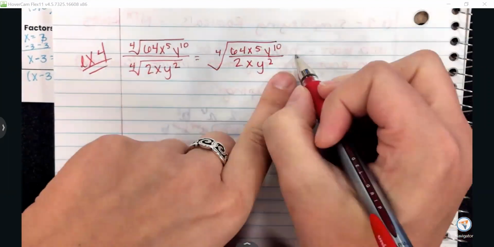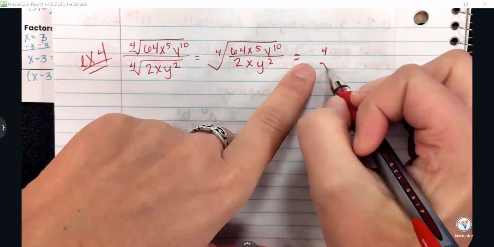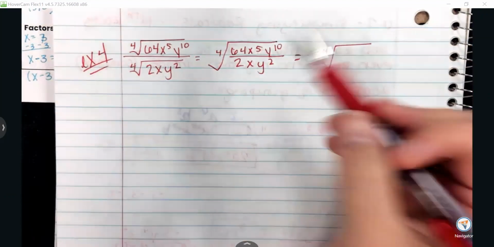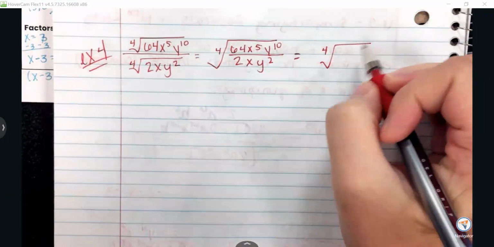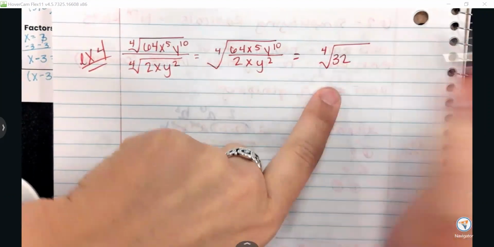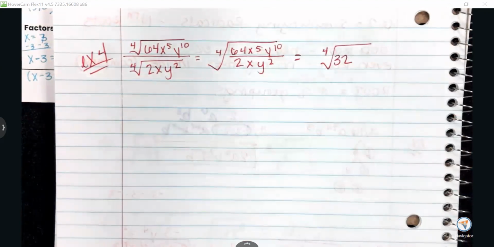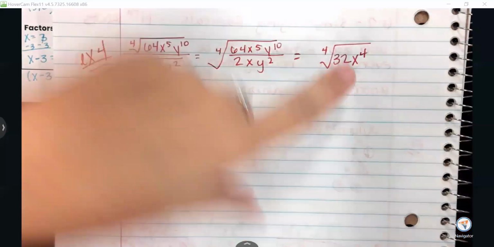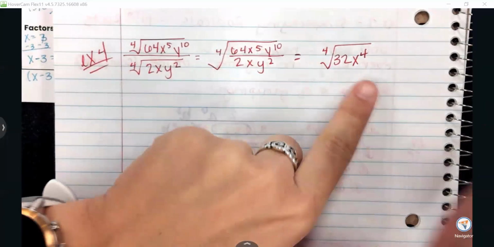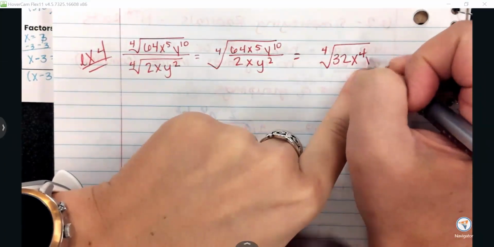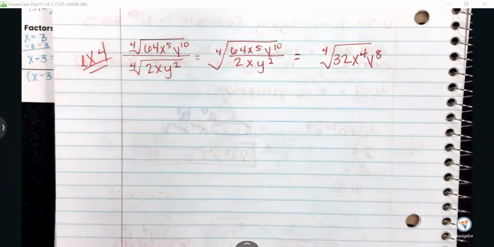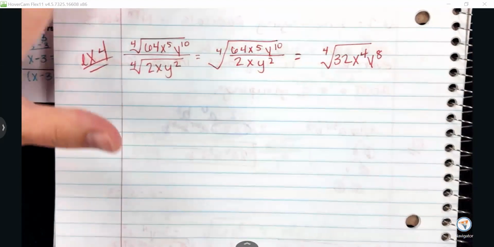So I can actually simplify this into one very simple fraction. What is 64 divided by 2? 32. What is x to the 5th divided by x? X to the 4th. And what is y to the 10th divided by y squared? Y to the 8th.